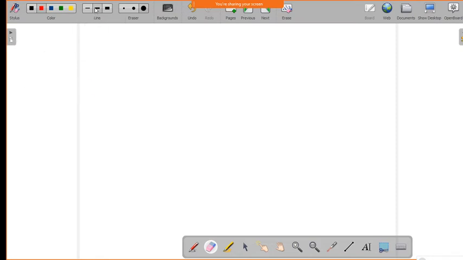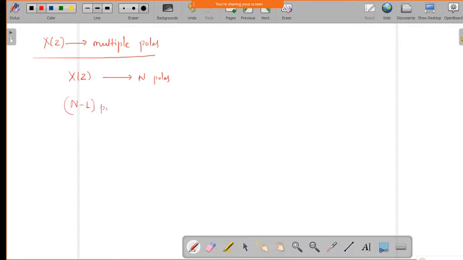Now if we have the Z transform X of Z which is having multiple poles, say for example it is having n poles, out of n poles, n minus l poles are simple, that means they exist as they are, and l poles are repeating.